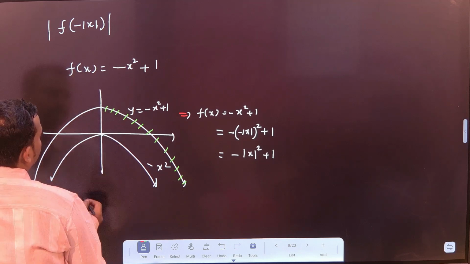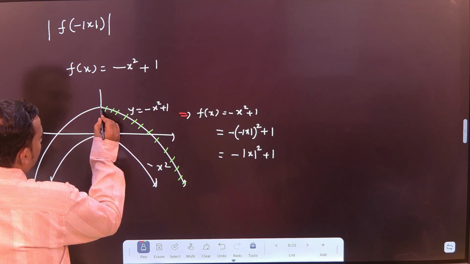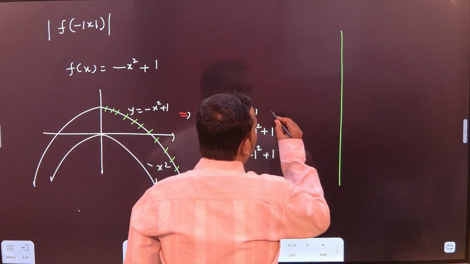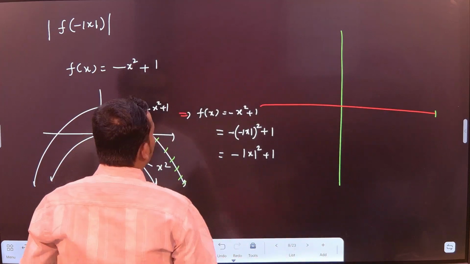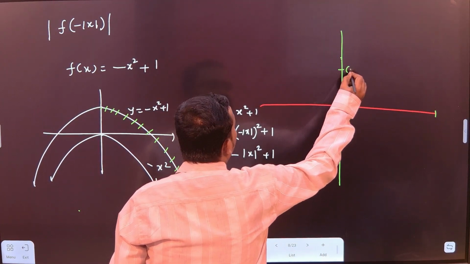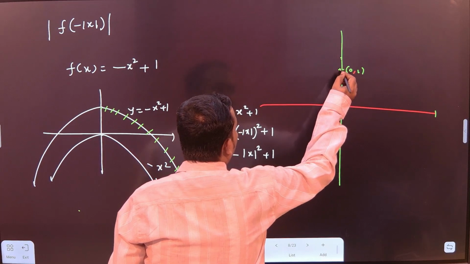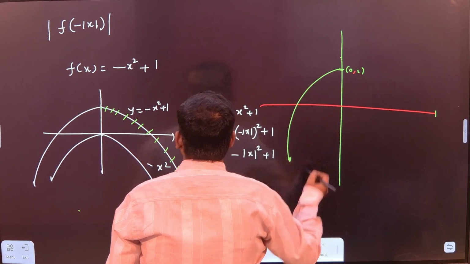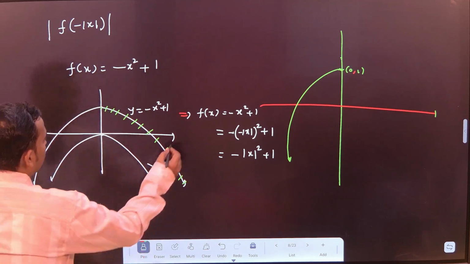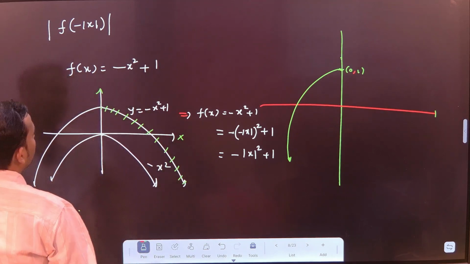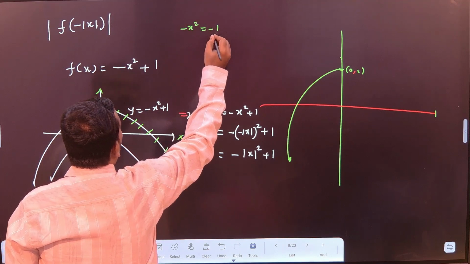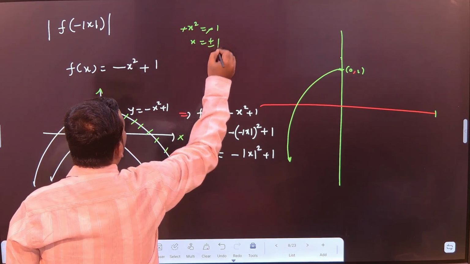Okay. You can see, I'll take here. So what is the left side portion here? So let's take here this 0, 1, right? Okay, where this graph is intersecting the x-axis, you tell me, y is equal to 0, you put here minus x square is equal to minus 1, x is equal to plus or minus 1.